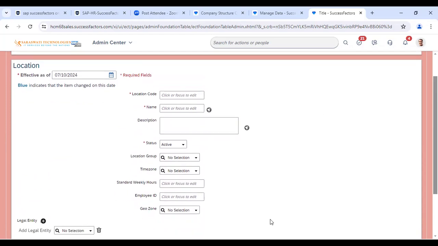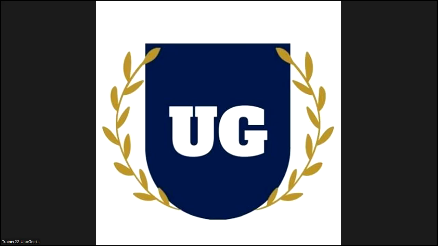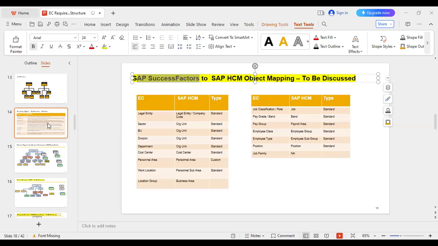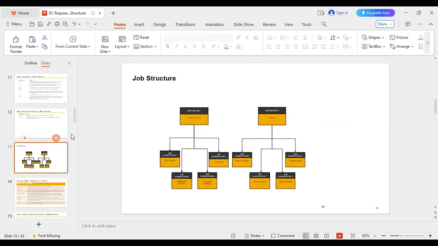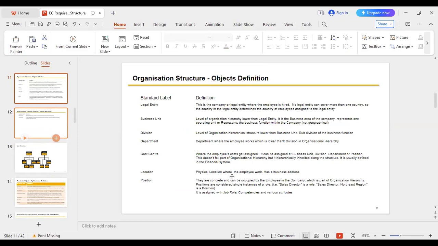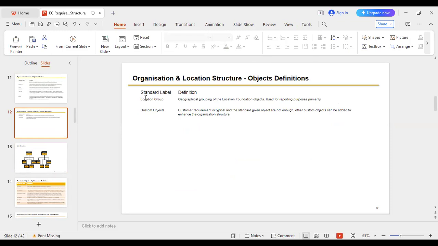Coming back to the PPT. Here I covered the org structure. Afterwards we have the location group, which I've told you about. Some companies group different locations under one location group.